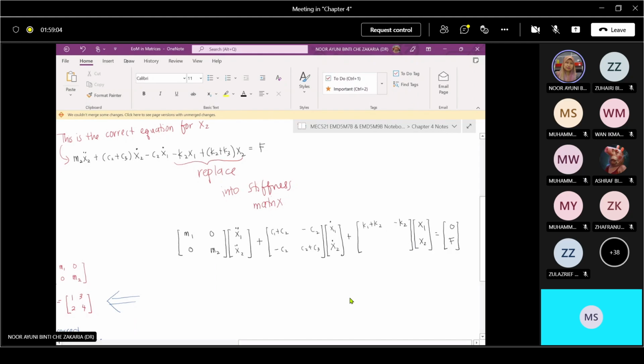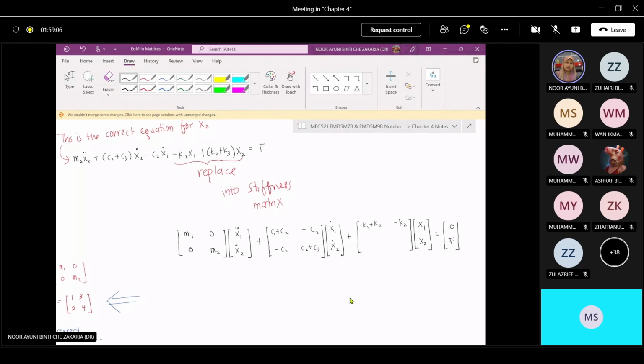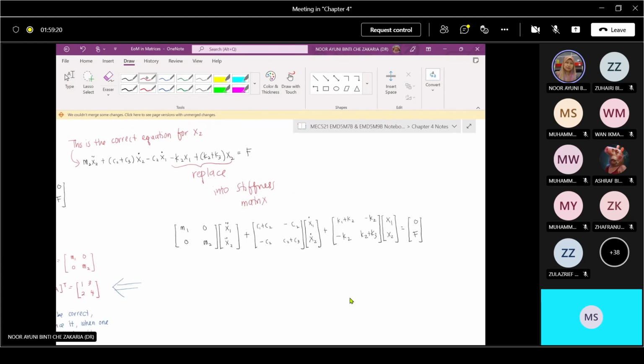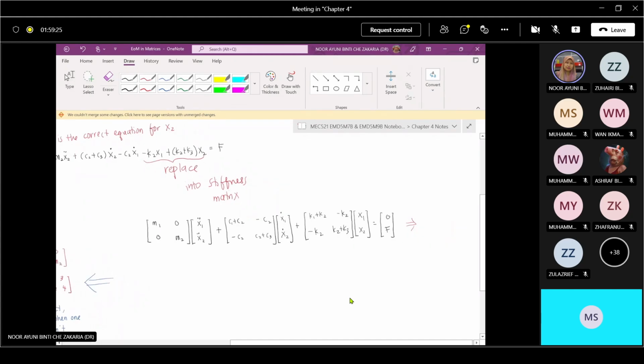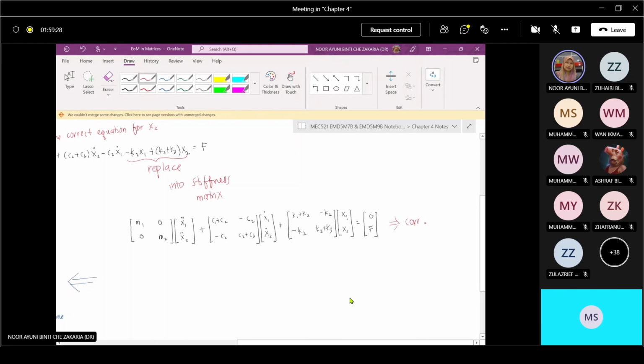So our K was negative K2 with x1 and this is K2 plus K3. Okay. So this is the correct matrix. When you have the correct matrix, kat sinilah baru kita akan dapatkan mass matrix.